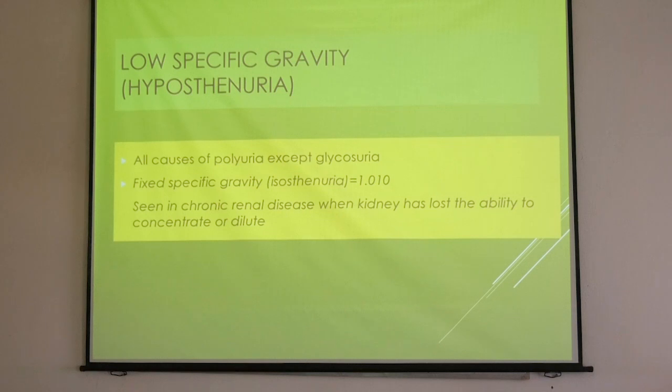When the kidney is failing, the urine will neither be concentrated nor diluted. The kidney will always pass urine at a fixed specific gravity. This is called isosthenuria.